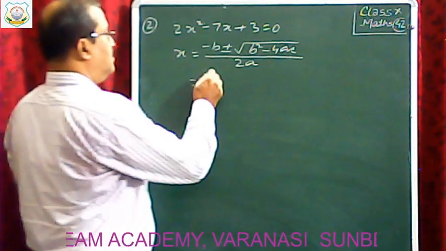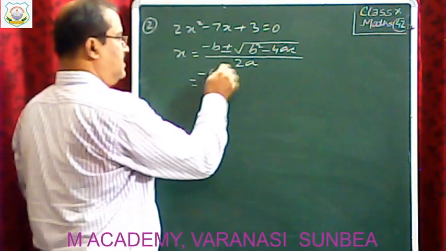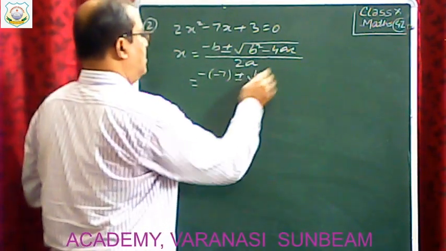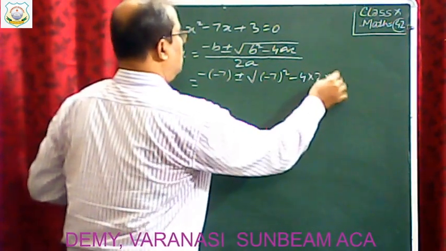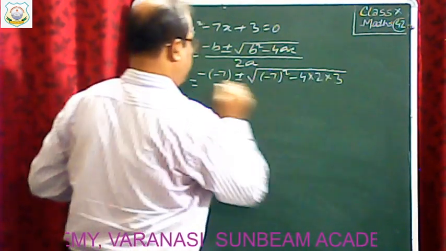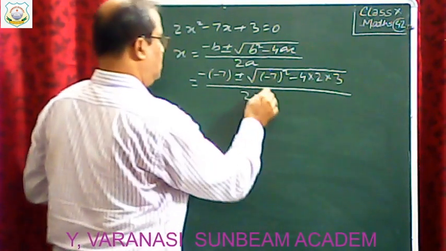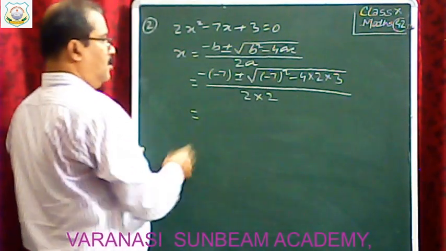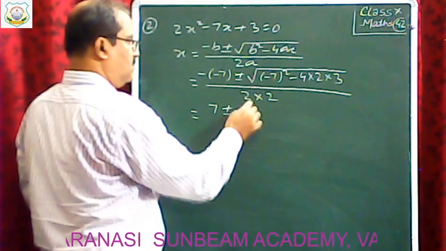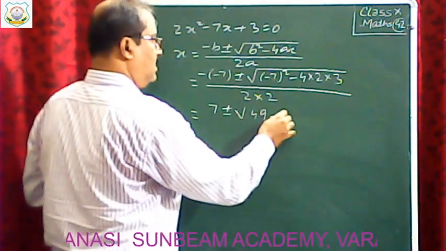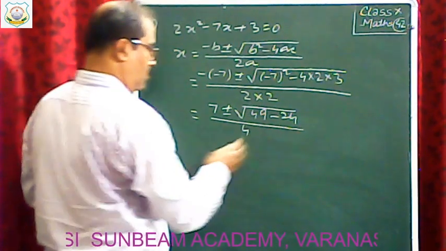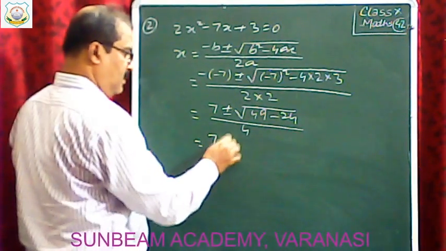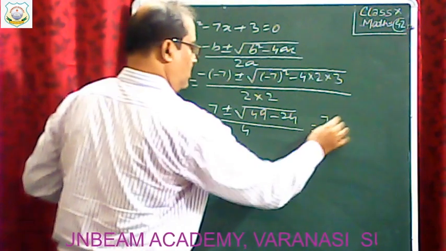So write minus b, that is minus of minus 7, plus minus square root minus 7 whole square minus 4 into 2 into 3, whole upon 2 into a, means 2. So 7 plus minus square root 49 minus 24, whole upon 4. So 7 plus minus, what do we get?